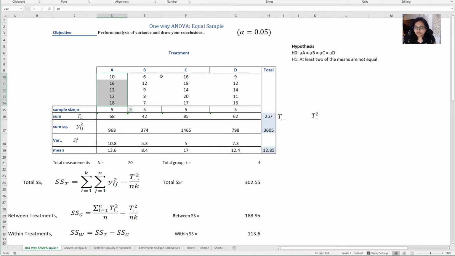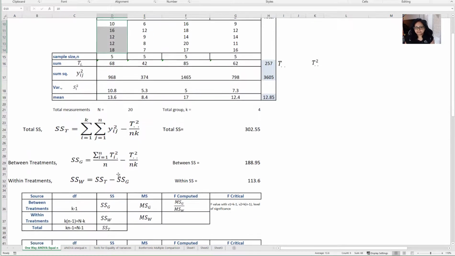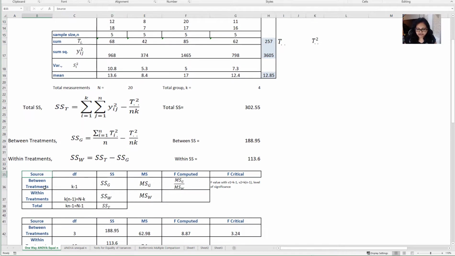So here we have two kinds of variations going on. One is between treatment, how different they are, and the other is within the observed values. That's why for the sources of variance, you can see the between treatment and within treatments, and then we sum them.